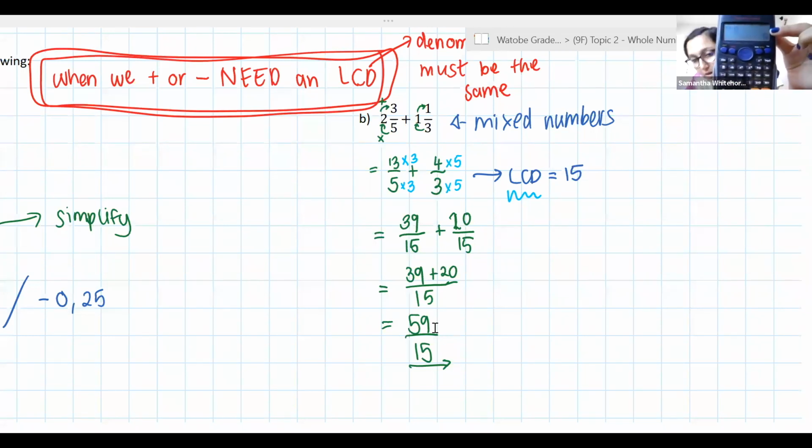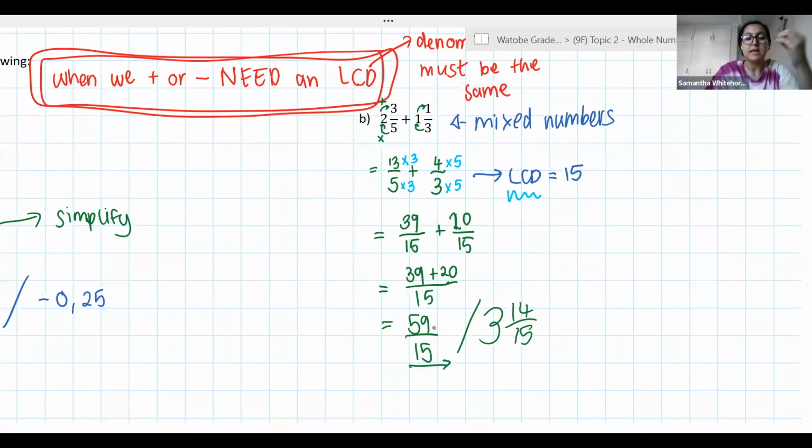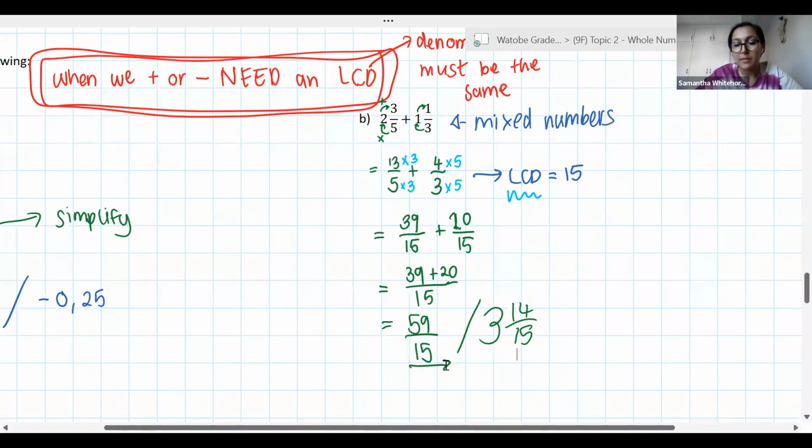So if you type it in on your calculator and then you push shift, shift, and then the SD button, your calculator automatically converts it for you. So this answer is then 3 and 14 15ths. 3 15s is 45, and then it's another 14 to get to 59. So you can always use your calculator to convert, but you would only really convert an improper to a mixed number. Okay, ma'am. Thank you.